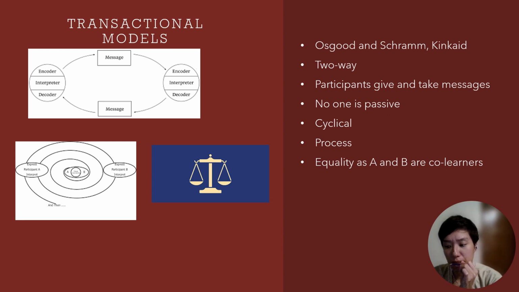Briefly, it's characterized by having a two-way flow of messages, and it's a give and take. No one is passive. It's cyclical, and it's a process. Right. Transactional models are seen as having a sort of equality between participants, as both A and B are seen as co-learners.